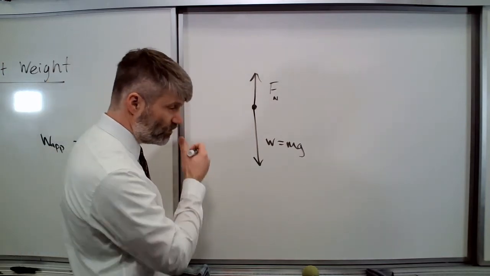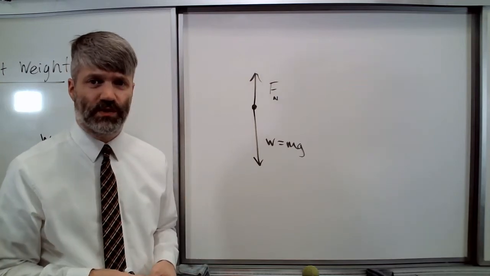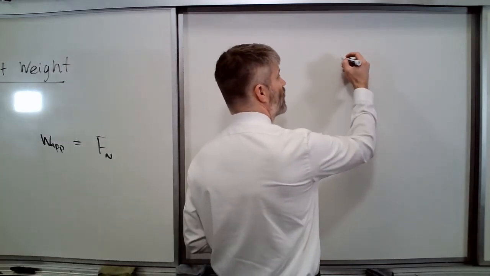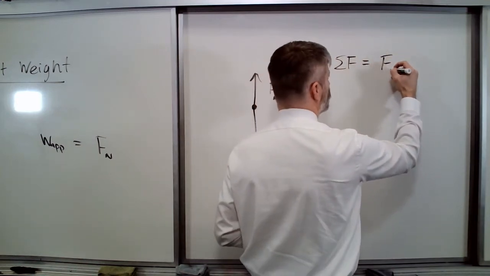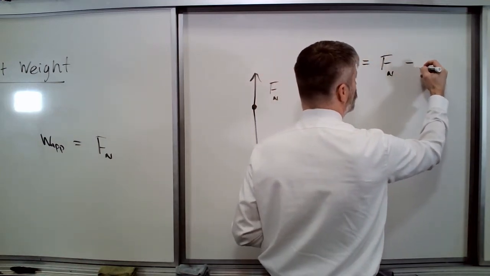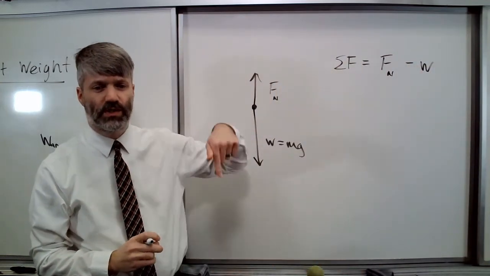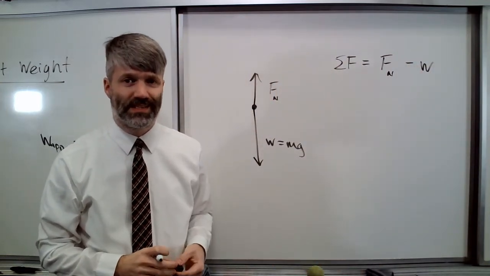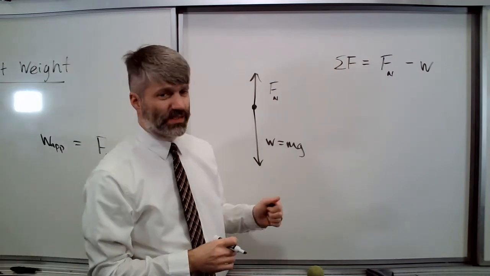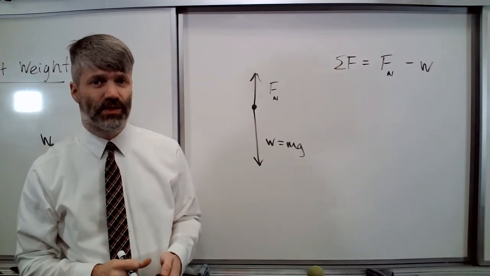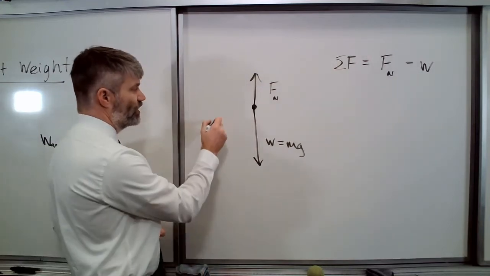Okay? Now, again, it's the same way to solve this as it is anything. First, we'll add up the forces on the object. We've got the normal force in the upward direction and the weight of the object in the downward direction. Once we've got those, we see that the object is accelerating in this case, and the object has an acceleration in the downward direction.